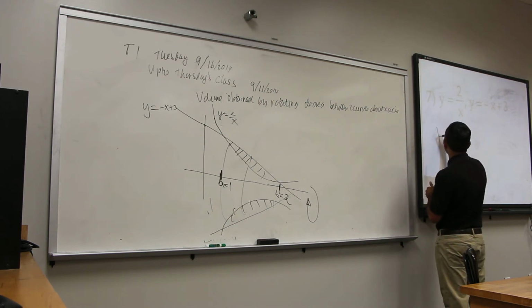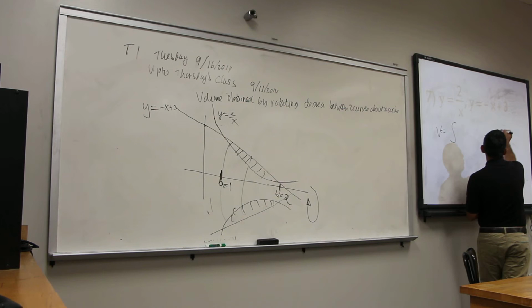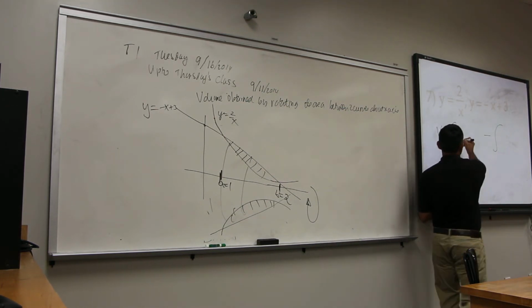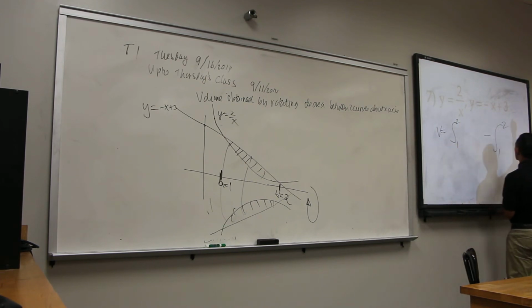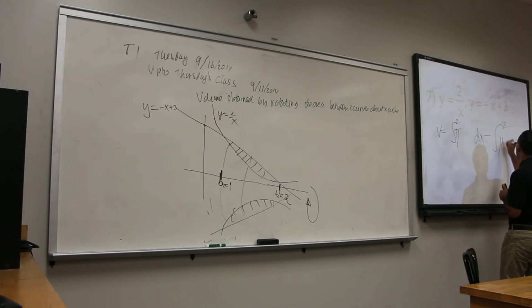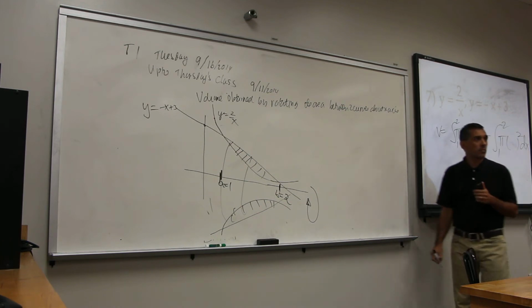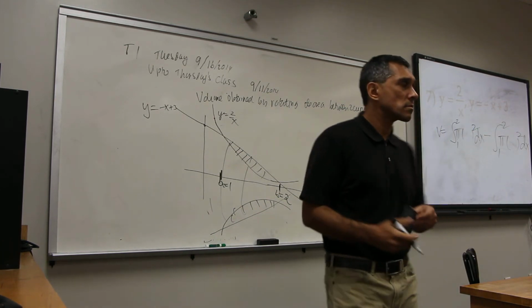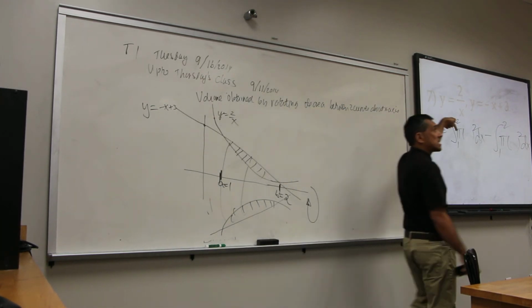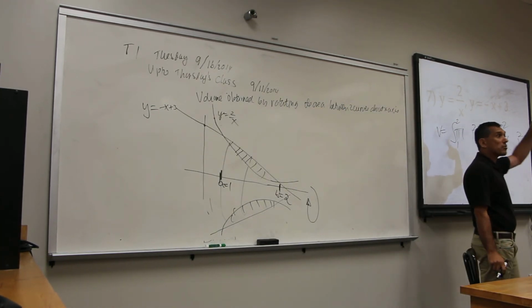So the volume, the big volume, subtract the small volume. So integrate from 1 to 2. I will need to take the function on the top because that is the one I'm subtracting from, so that I get a positive volume.